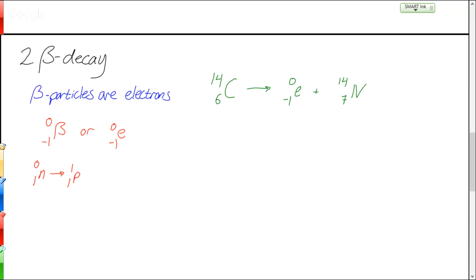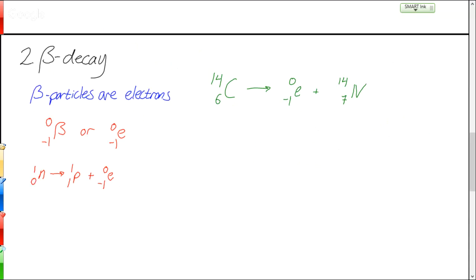So a proton is 1, 1, because its charge is 1, and its mass is 1. An electron is -1, 0. Now, if you add those together, oh, I'm sorry, a neutron is 0, 1.